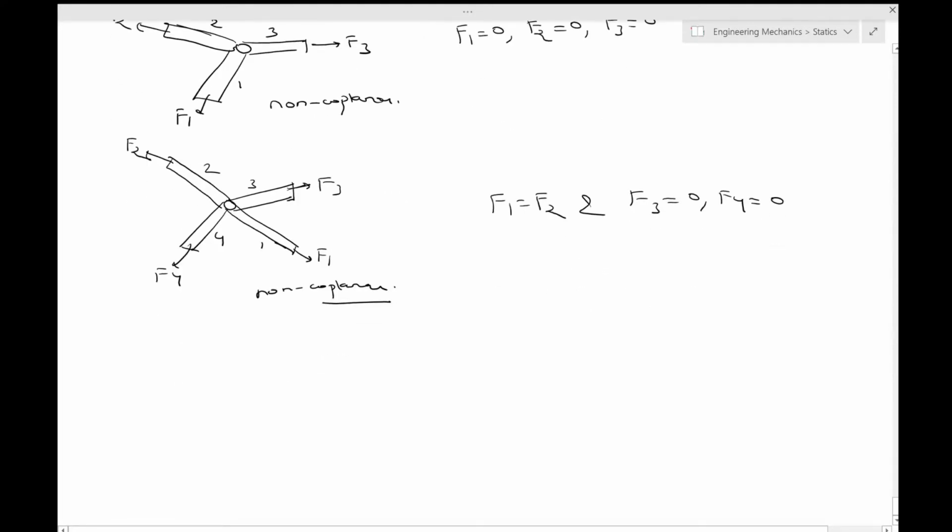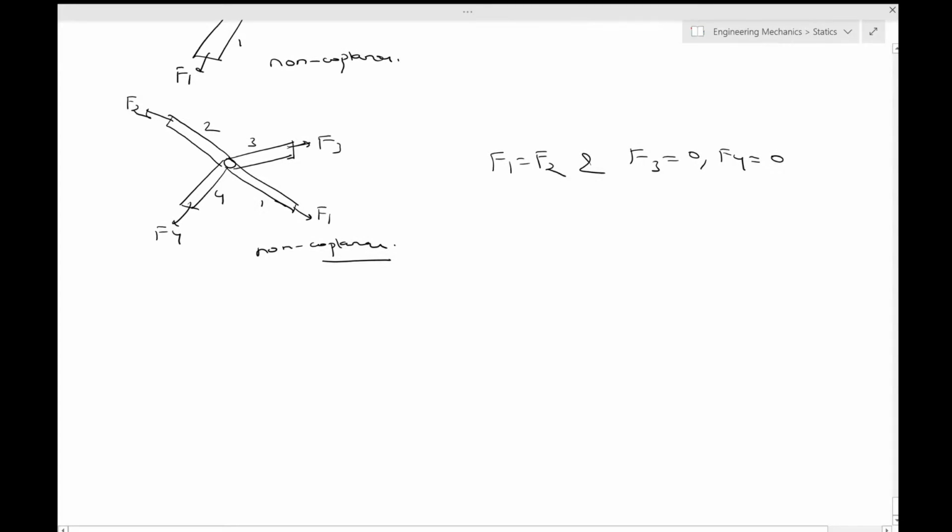So let me draw another sort of truss over here, just so that we know how to deal with it.